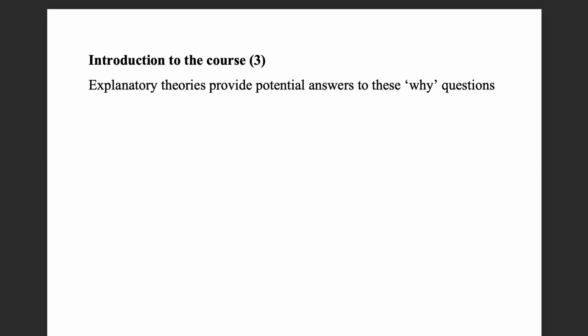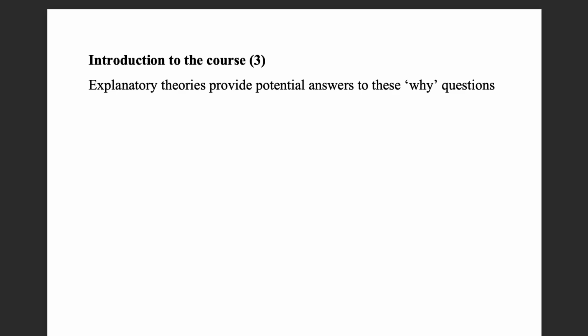Now, if you think about how we answer these why questions, we answer them with theories. Explanatory theories are theories that provide a potential answer to our why question. So, for instance, if I want to know why some countries are more democratic than others, then maybe modernization theory would be a good answer.